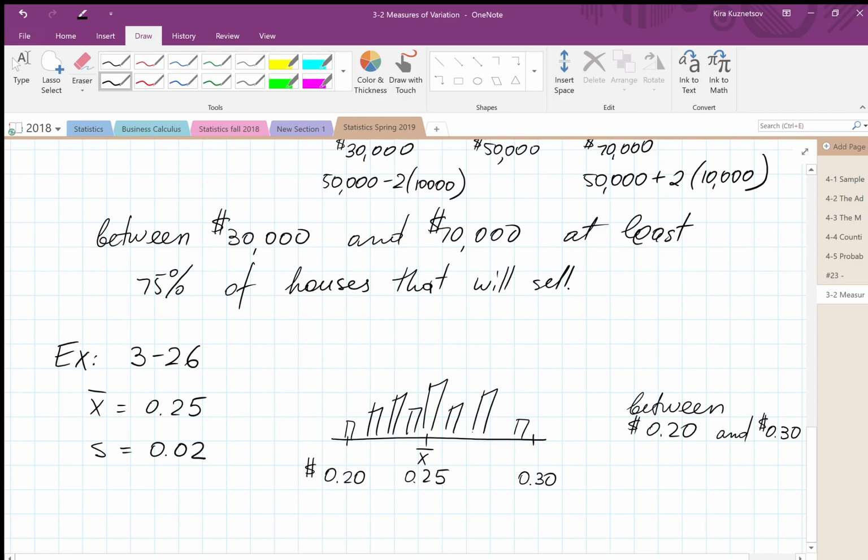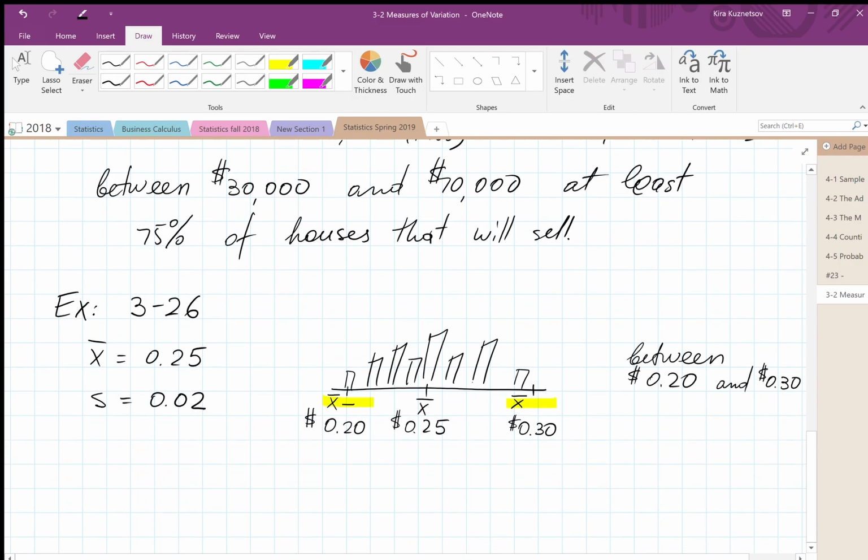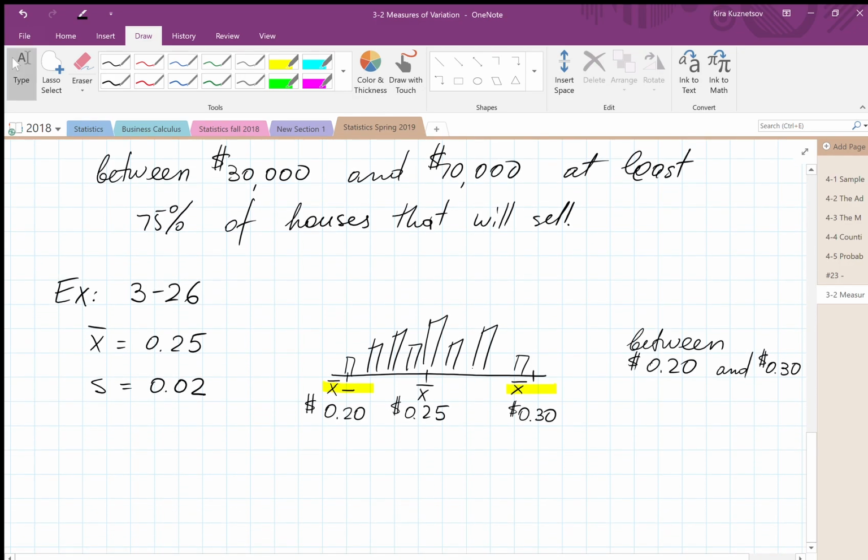What I need to do is label these as standard deviations. So I want to highlight this right here. I need to figure out how many standard deviations away this is. The difference between 20 and 25 is 5 cents.